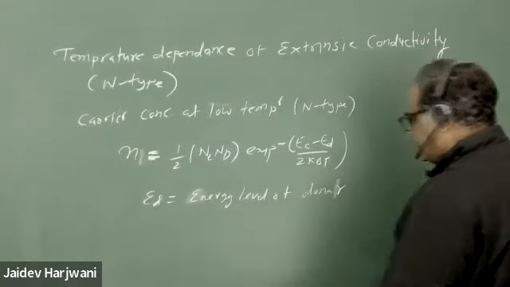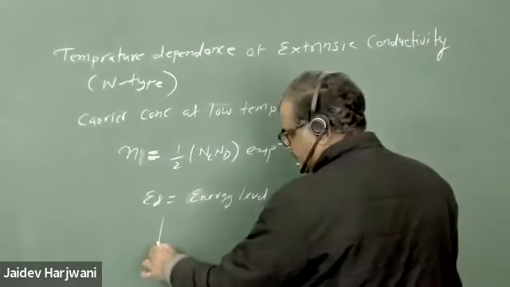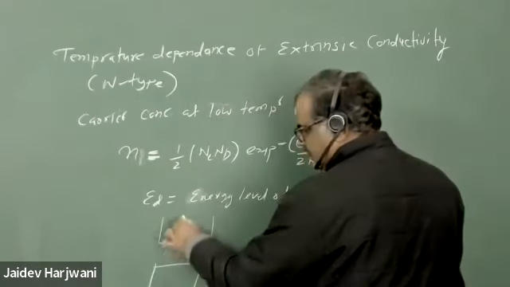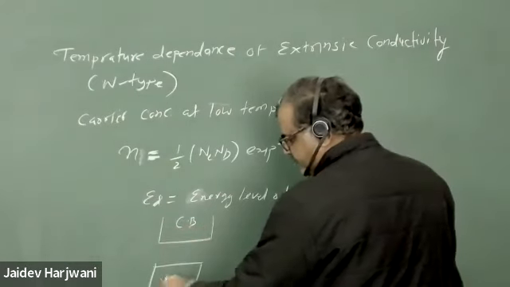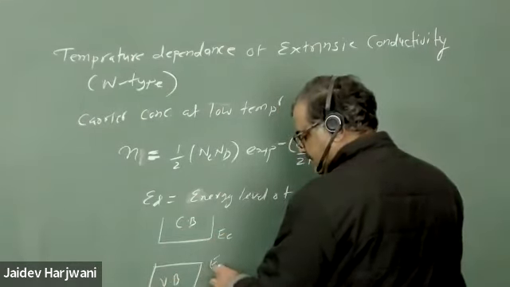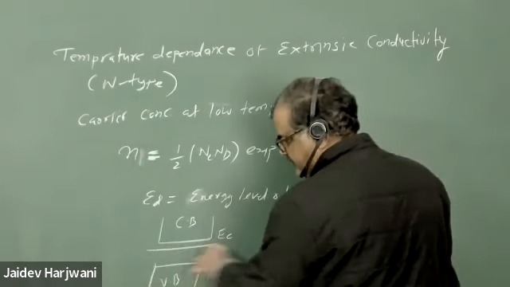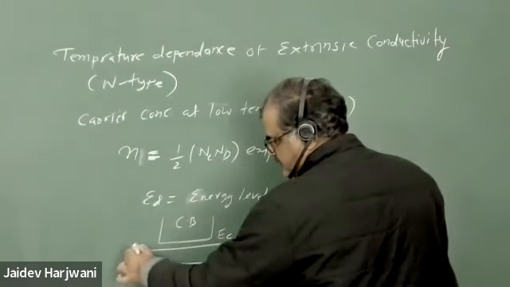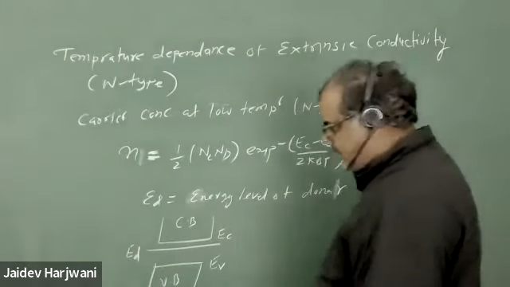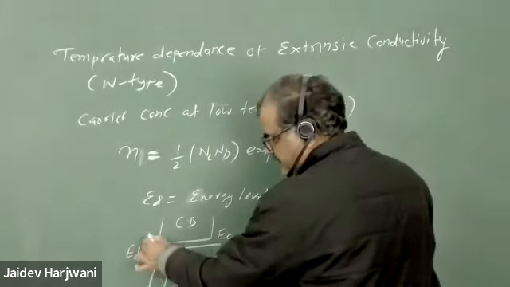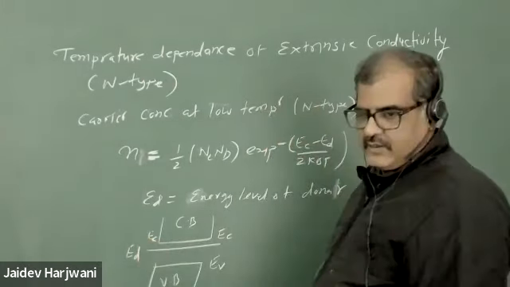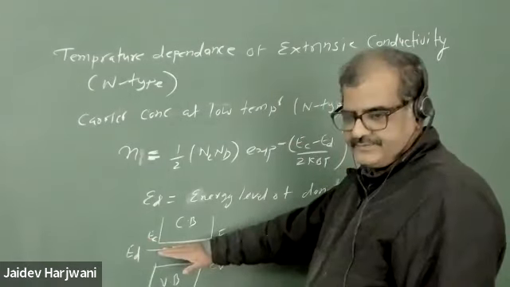Now you can again go back to the flat band diagram of the semiconductor. This is your conduction band and this is your valence band. This is your EC, this is your EV, and somewhere here you have the donor level. All the atoms are present here.